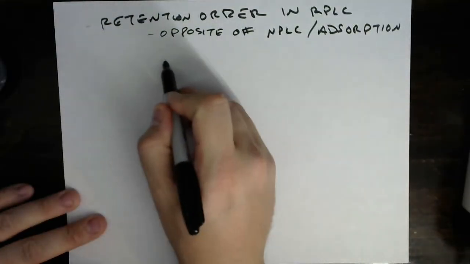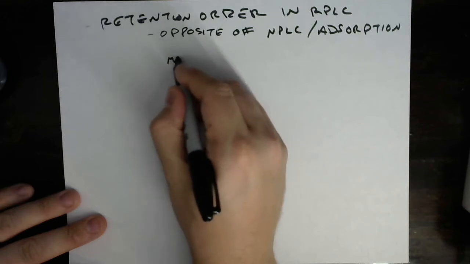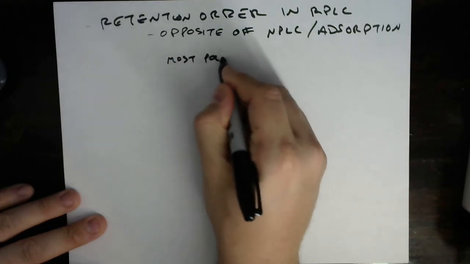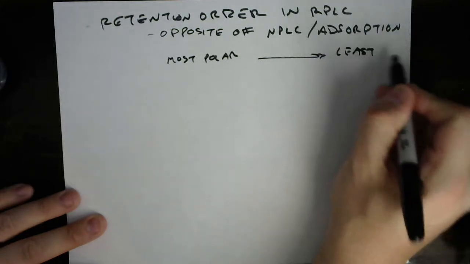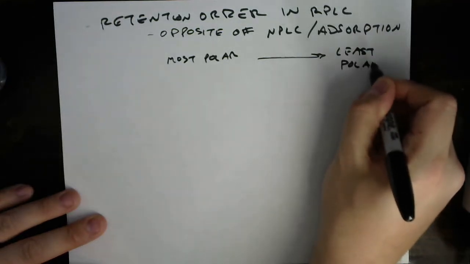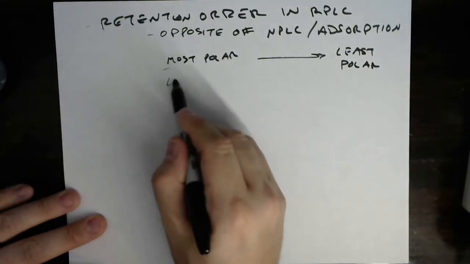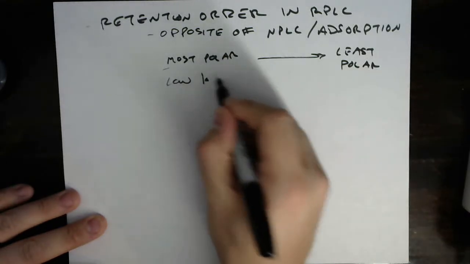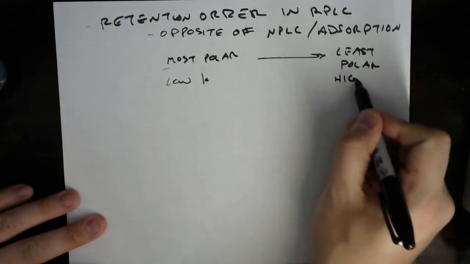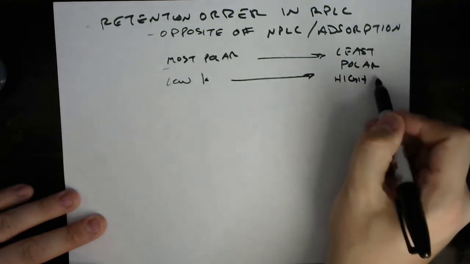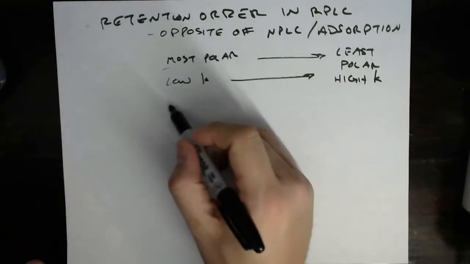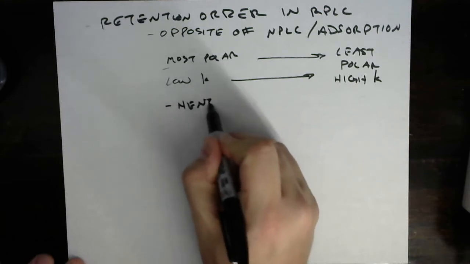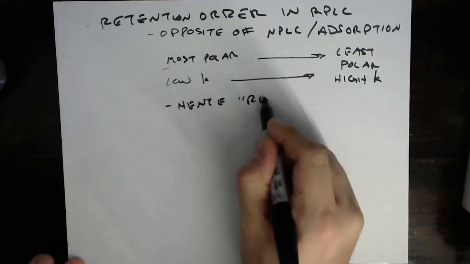In other words, we are going to elute the most polar things first, and the least polar things will be retained longer. Or these have low retention factors and these have high retention factors. And it's this opposite that gives it the name reversed.